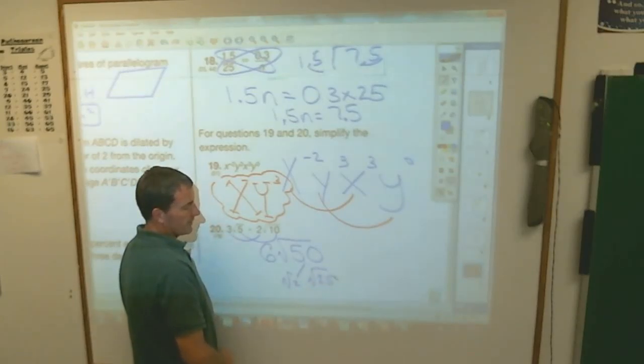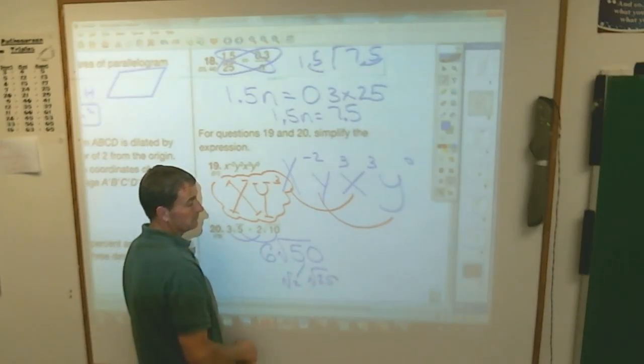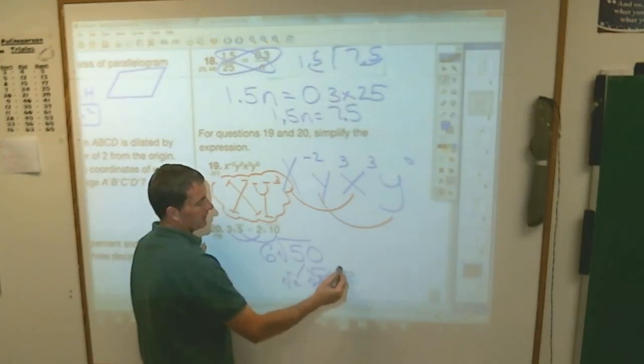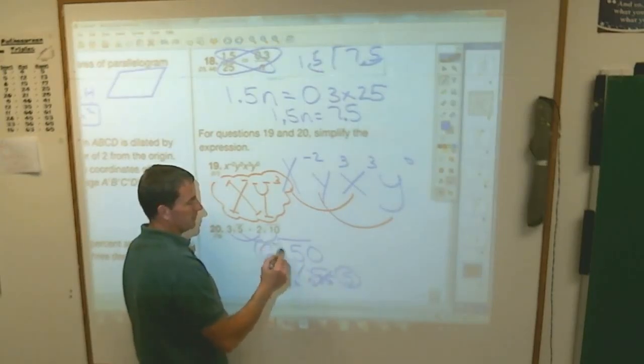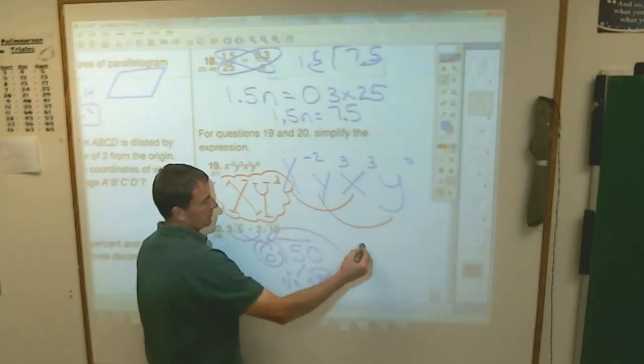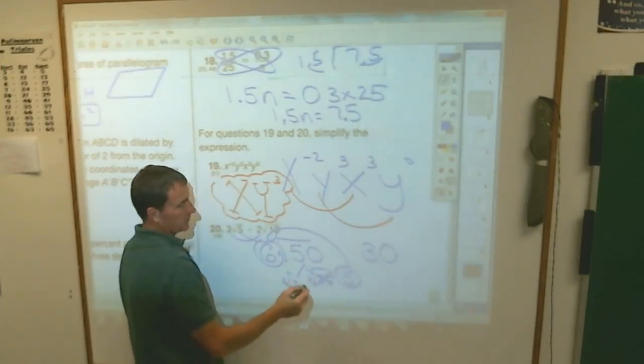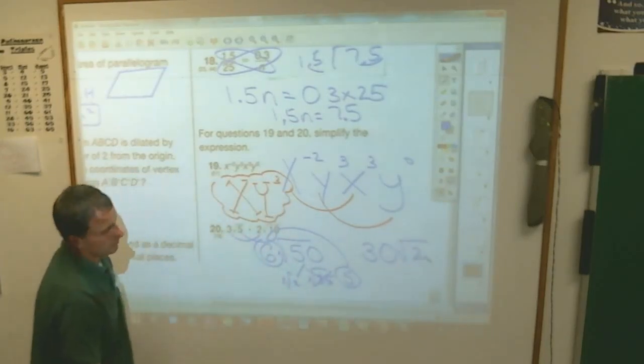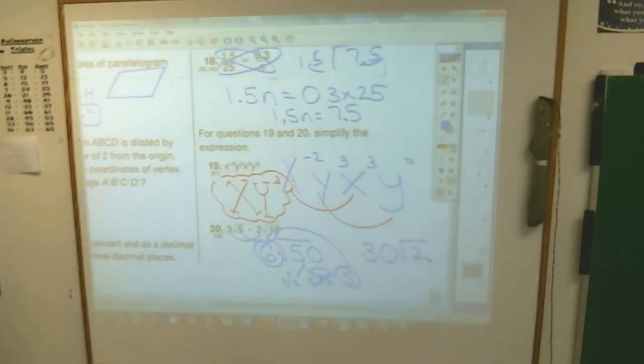Is there a square root of 25? 5 times 5. Yeah, so this square root of 25 is a normal 5. And that normal 5 gets multiplied by the other normal 6. That gives you 30, and this little square root of 2 does not have any friends to combine with, so 30 times the square root of 2.